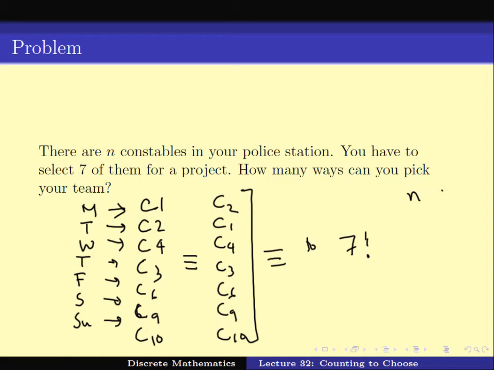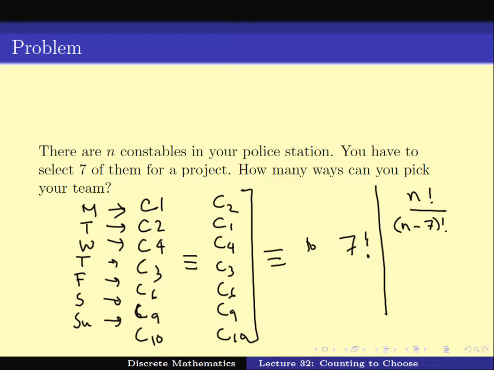So in the whole set, which if you remember, it was n factorial by n minus 7 factorial. This was the total number of ways in which I could pick 7 constables for the 7 days with ordering mattering.